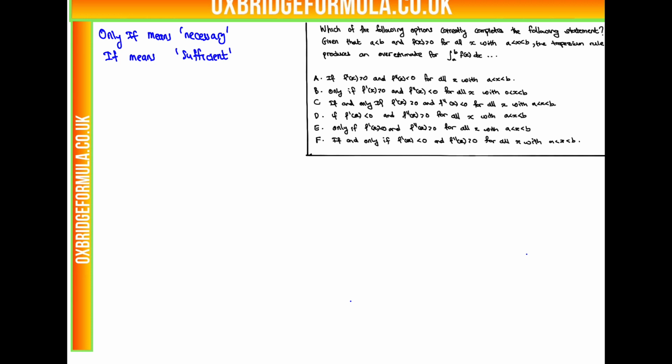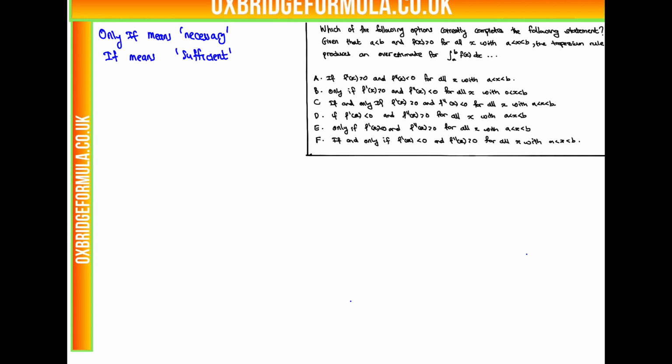So let's first think about whether any condition on the derivative of f is actually necessary. If we're trying to say that there is no condition on f prime of x that's necessary, then what we need to show is that there is a function f of x such that we get an overestimate with the trapezium rule, but where the gradient changes.